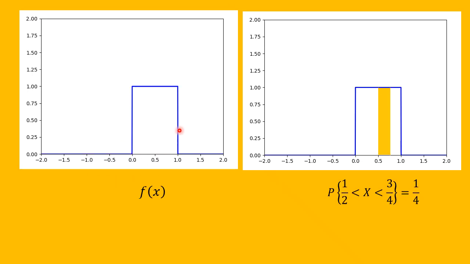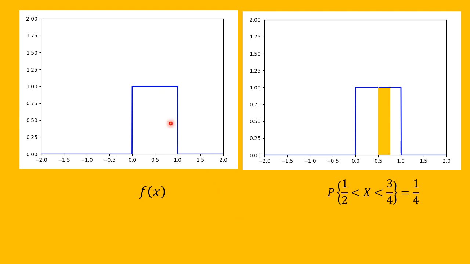Here is the graph of that density function. Between 0 and 1, the function has value 1, so it's constantly 1 here, a horizontal line. Everywhere else, the function has a value of 0, over here and also over here.